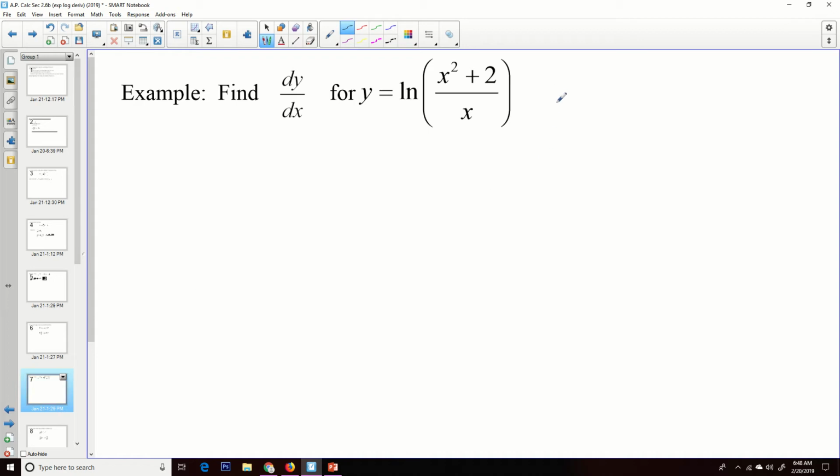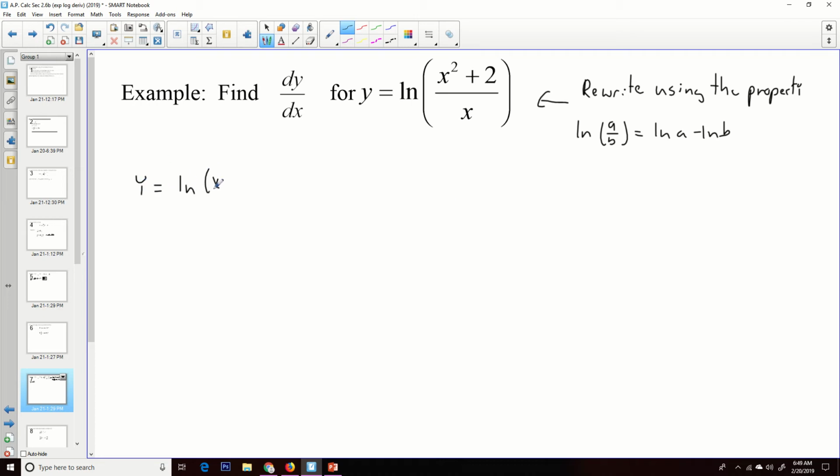So what we're going to do is rewrite using the property, the ln of a over b equals the ln of a minus the ln of b. Before I get started, I'm going to go y equals the ln of x squared plus 2 minus the ln of x.